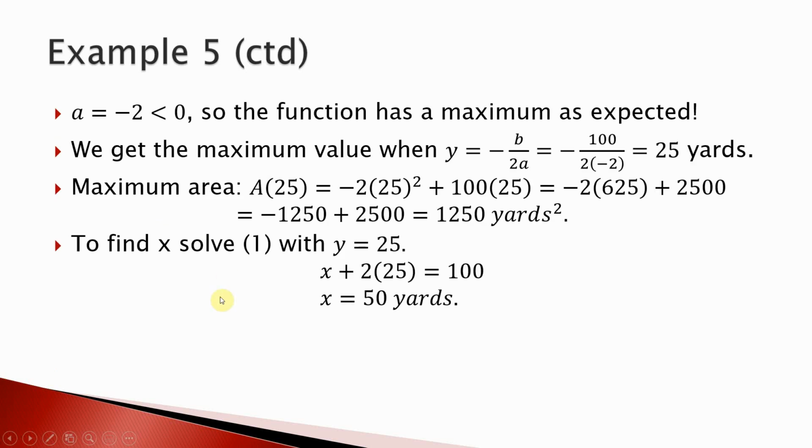Okay, so x is 50, so it's a 50 by 25 yards enclosure, which will give you the maximum possible area. So this is a simple practical problem that can be solved using the knowledge of quadratic functions.